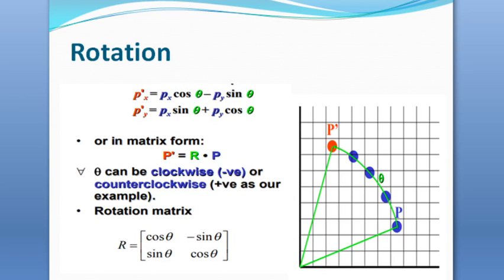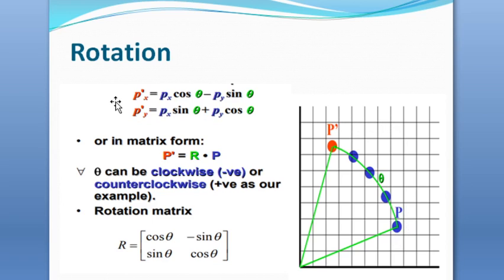Representation of rotation. Here the rotation matrix R equals [cos theta, minus sin theta; sin theta, cos theta]. This is multiplied with the initial point. P is the initial location, and it is rotated to P dash.